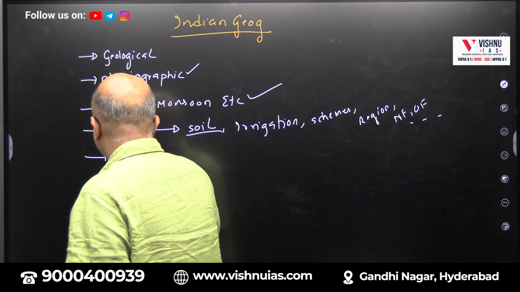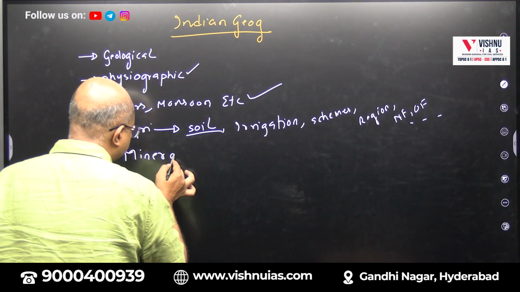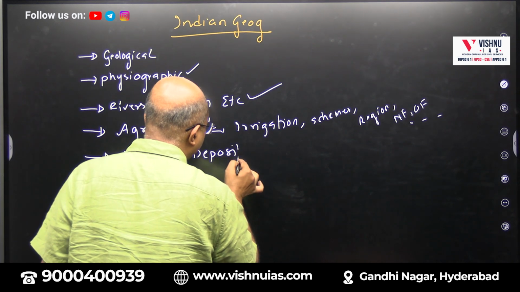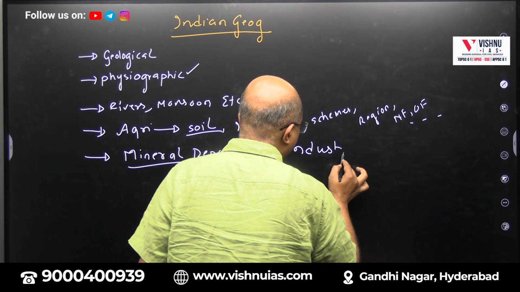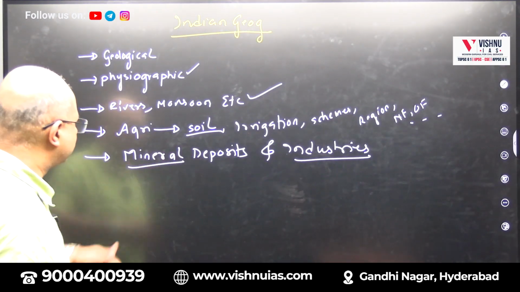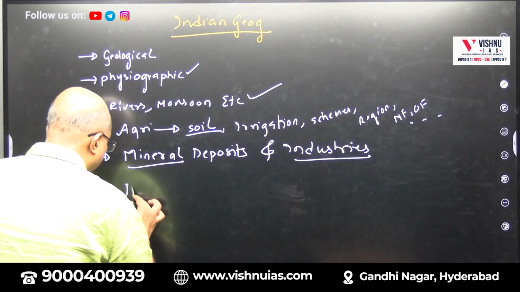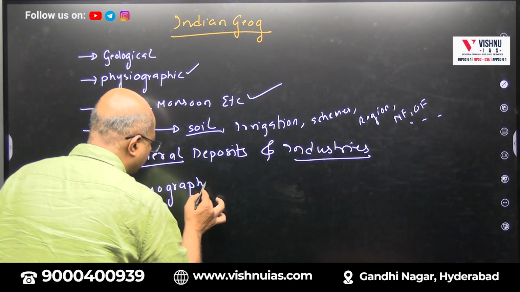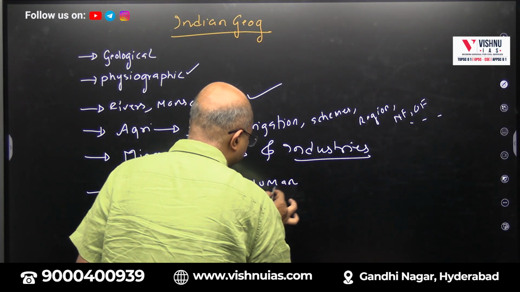Once that is done, we have to make an assessment of mineral deposits in India. What are minerals and where do we find them? Mineral deposits in India, and along with that, industries. What type of industries and where they are located? Then there is the study of human population, and here we make an effort to understand demography as a part of human geography, right?